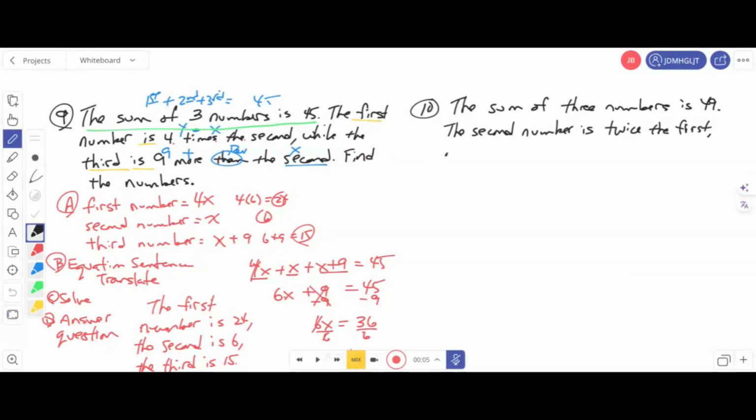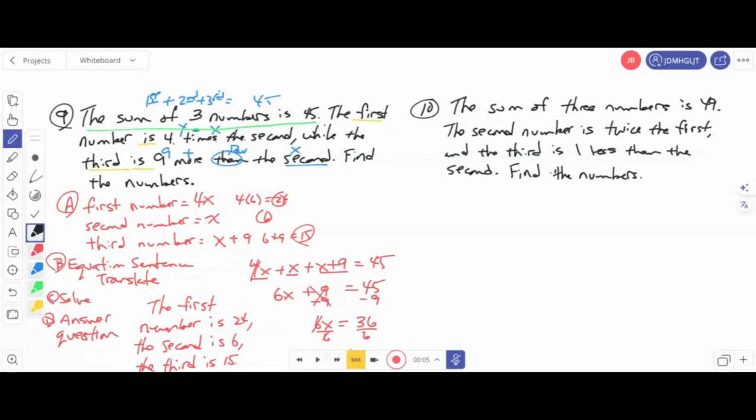And the third is 1 less than the second. Find the numbers. Okay, do that one. Tell me what you get for your answer.